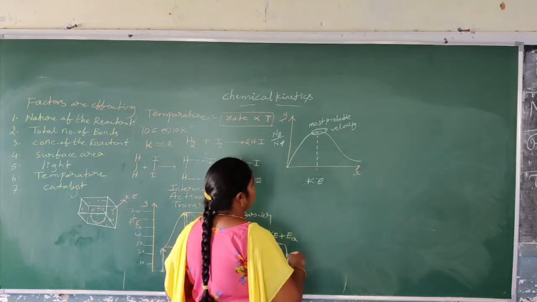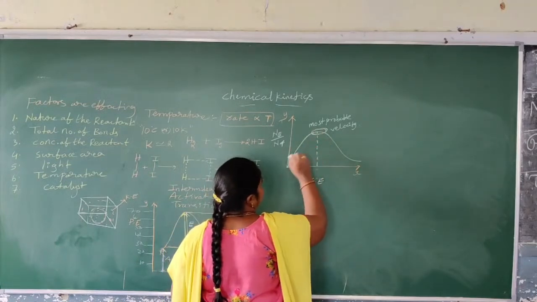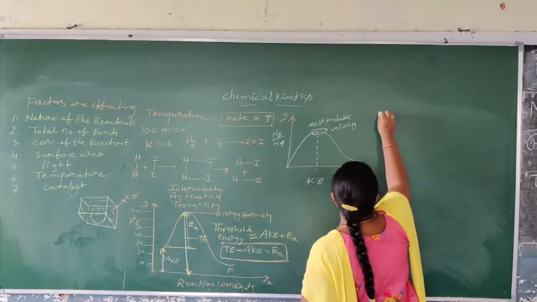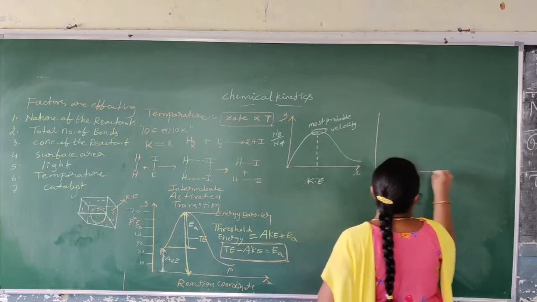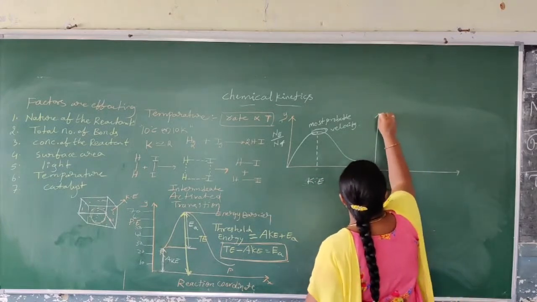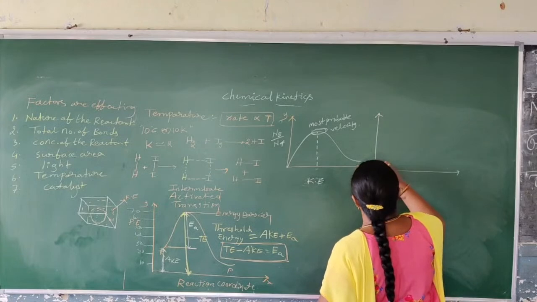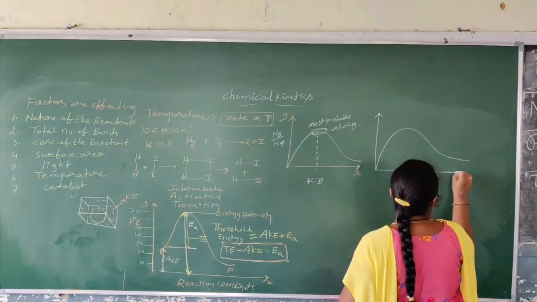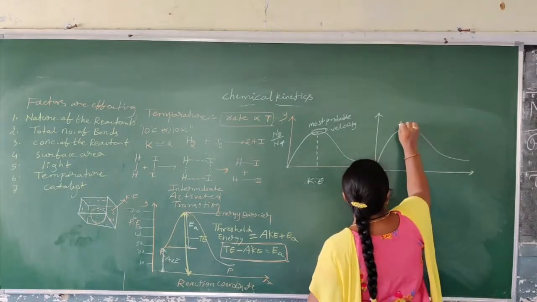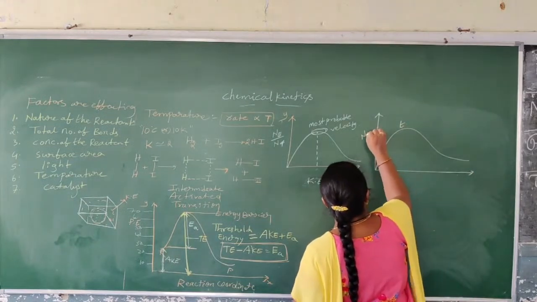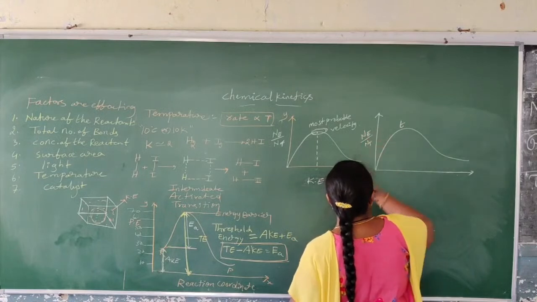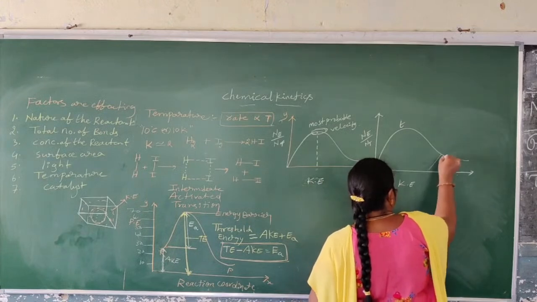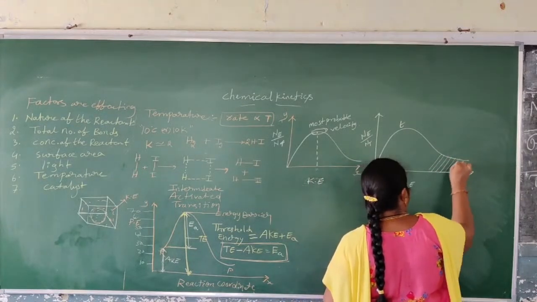Now, at T temperature, I will draw one more graph. See here. At T temperature, Ne by Nt, that is fraction of molecules versus kinetic energy. At T temperature, these molecules are involved in a reaction.